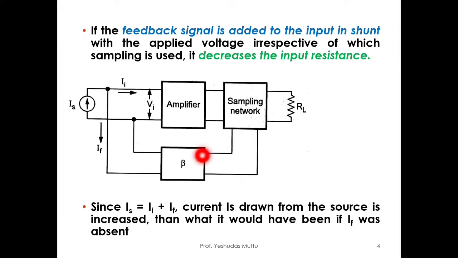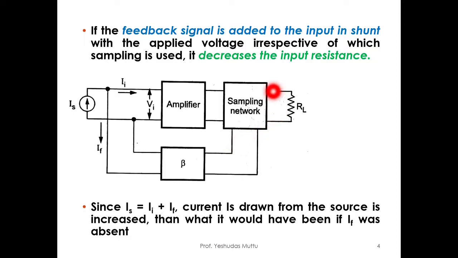Let's have a look at this particular diagram. Previous diagram was in series, now it's over here in shunt. Again the same thing. If I give the feedback signal in shunt to the input, then it decreases the input resistance. This is what we had studied in the previous videos also.